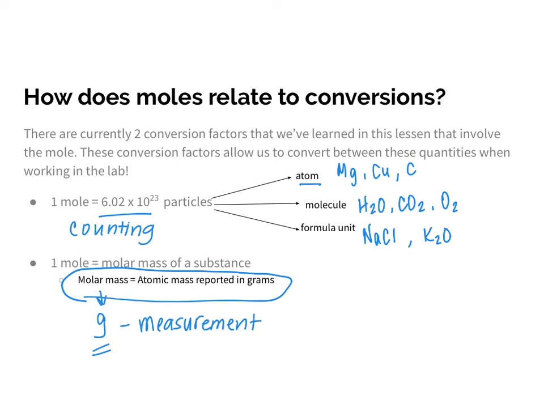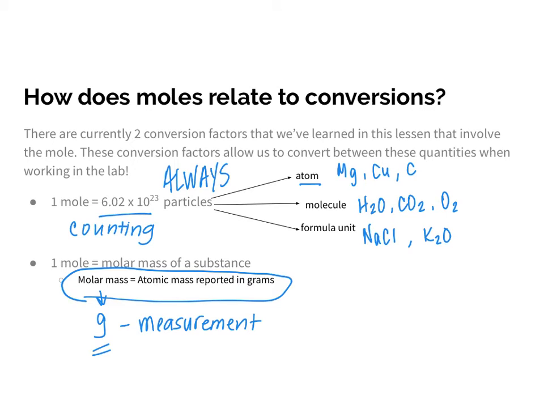All right, something else to discern between these two things is that a mole of anything will always be 6.02 times 10 to the 23rd. It doesn't matter if it's atoms, molecules, formula units, or silly things like dogs and cats. A mole is 6.02 times 10 to the 23rd.